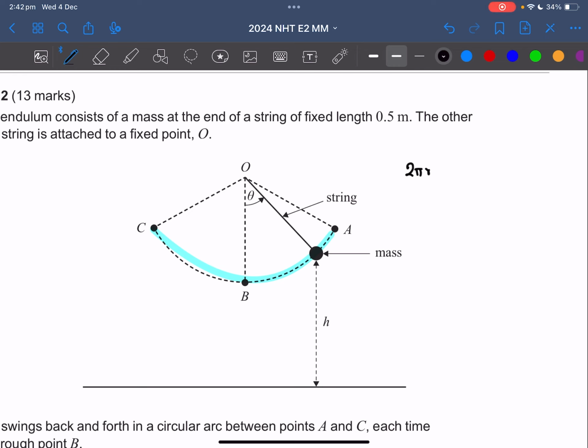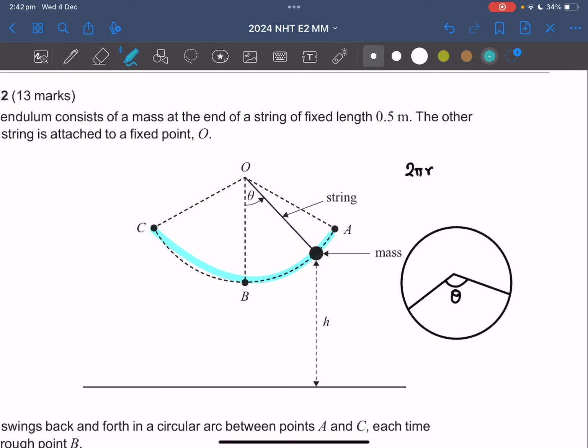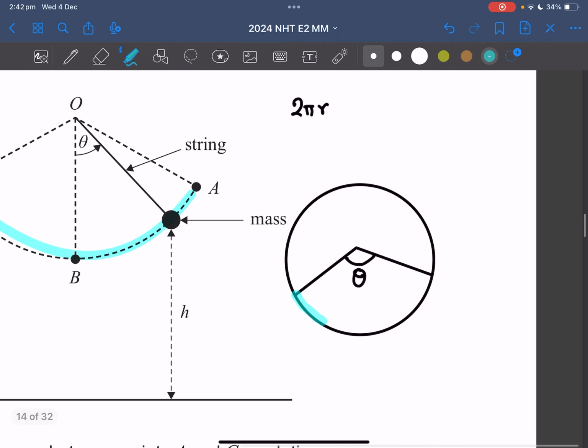It's 2 pi r. So this is our whole circle, and if I want to calculate the circumference of this whole circle, it's 2 pi r. But what if I want to calculate the circumference of just this part where theta is given? How do I do that?